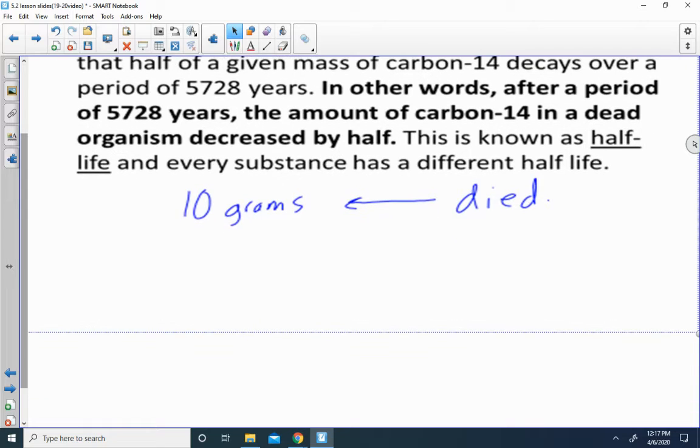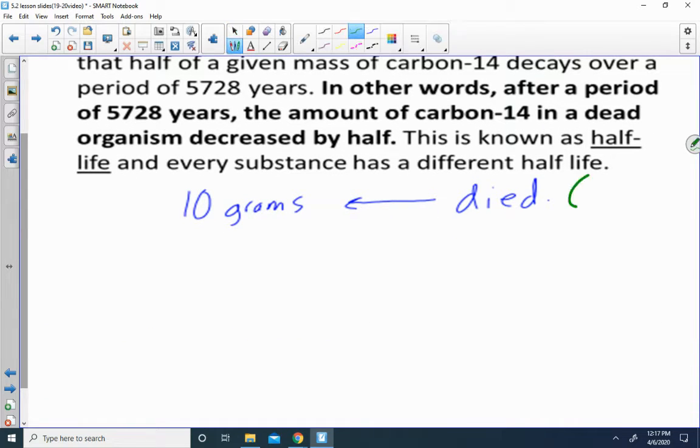So just to give you an example, let's say that you have a dinosaur, let's call him Dino, and let's say he died some trillion years ago, and at the moment he died, he had 10 grams of carbon-14 in the system.